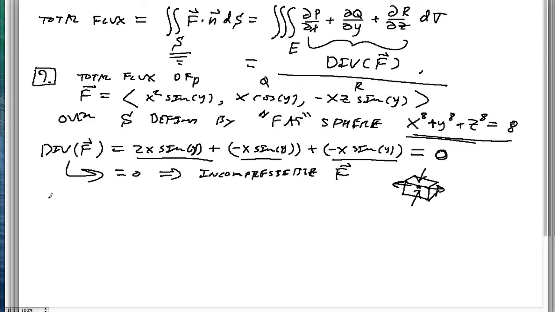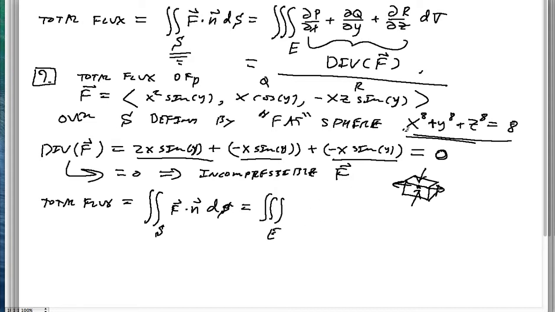So that means the total flux, which we didn't know how to compute over the surface, is going to be equal to the integral over the volume of whatever that volume is of this object. But we know that the divergence was 0, dV.